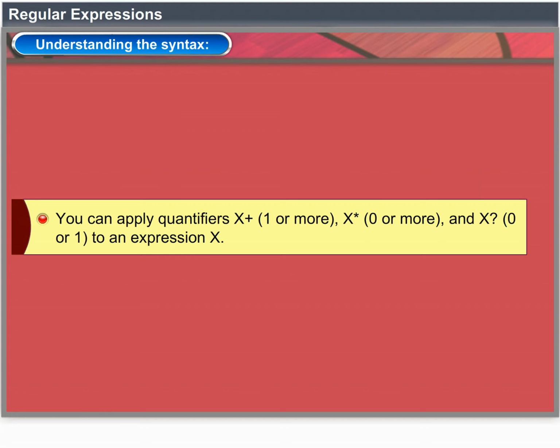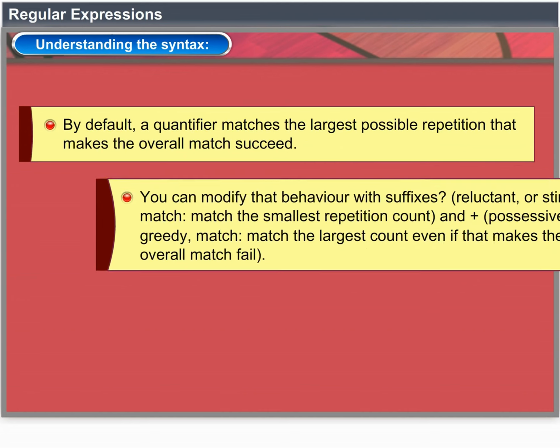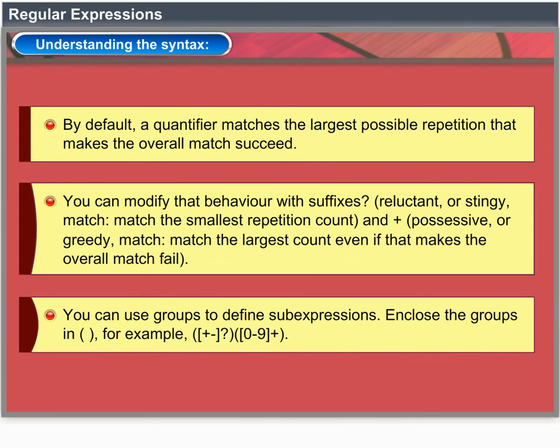By default, a quantifier matches the largest possible repetition that makes the overall match succeed. You can modify that behavior with suffixes: ? for reluctant or stingy match, match the smallest repetition count, and + for possessive or greedy match, match the largest count even if that makes the overall match fail. You can use groups to define subexpressions.